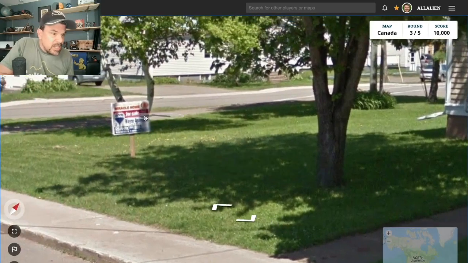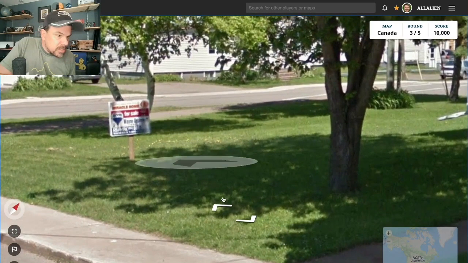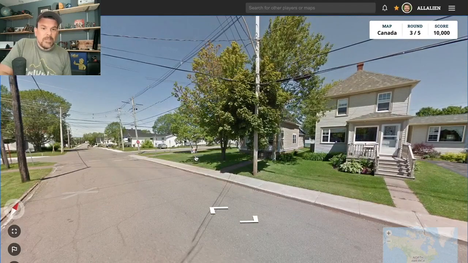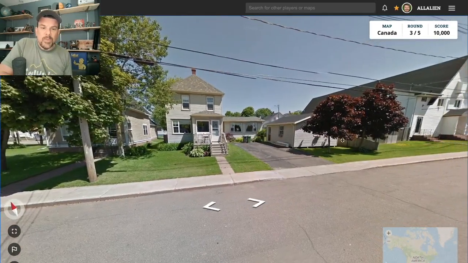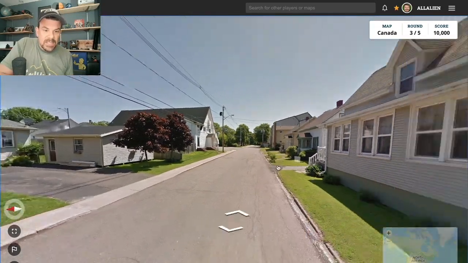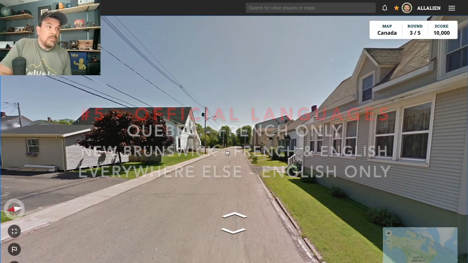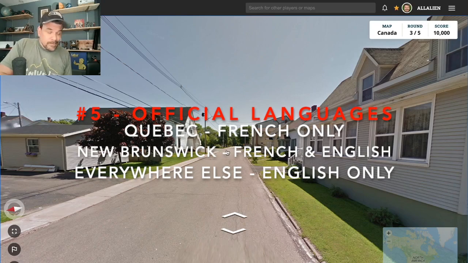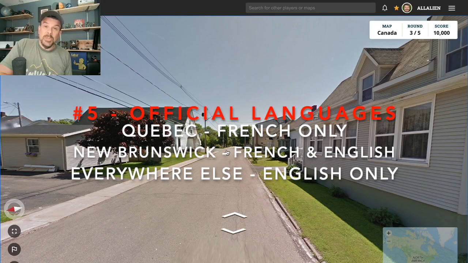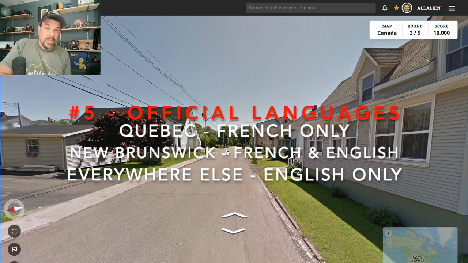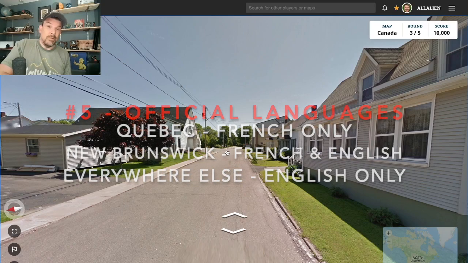We haven't had any cases yet, but a lot of people wonder whether Canada has French and English signs everywhere. That's not the case. While French and English are both official national languages, signage laws are provincial, and there's only one province where both languages are official, and that's New Brunswick.